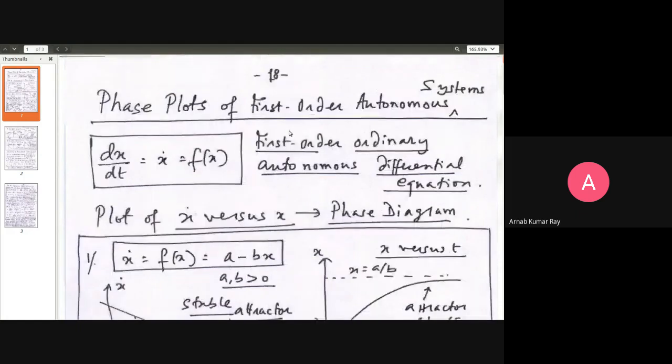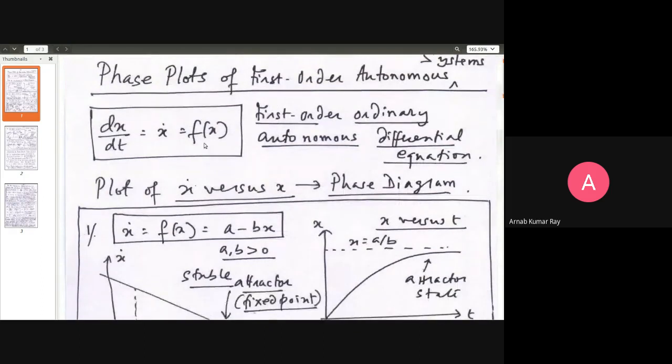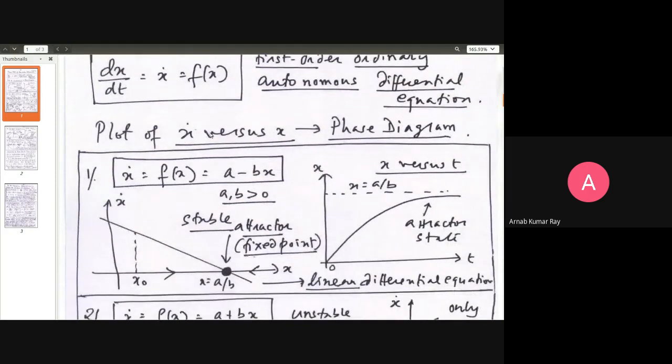Here, a phase plot refers to a situation where you simply take dx/dt, as in x dot, and plot x dot versus x. It's simpler than integrating, you just have to plot this thing.